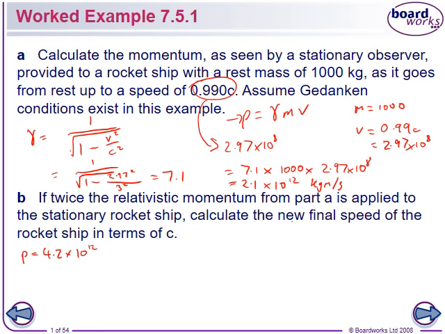Sorry, I just need to get that equation back. There it is. So that equation, to work out velocity given momentum: our velocity is equal to P over M, over the square root of 1 plus P squared over M squared c squared.